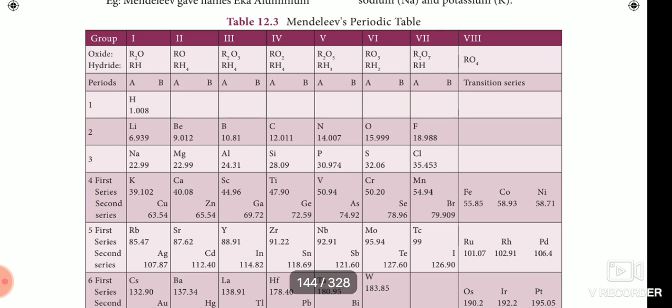For example, chlorine has the same atomic number 17 but different atomic mass numbers 35 and 37. So these are the isotopes. So in the early concepts, there were Dobereiner's triads, Newlands' octaves and Mendeleev's periodic table. This is the early concept of periodic classification of elements.